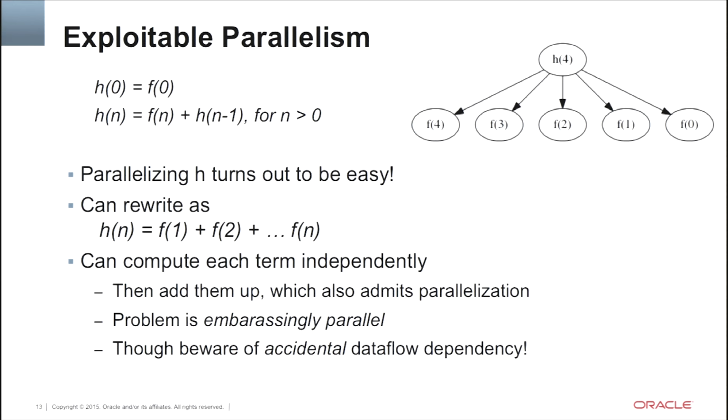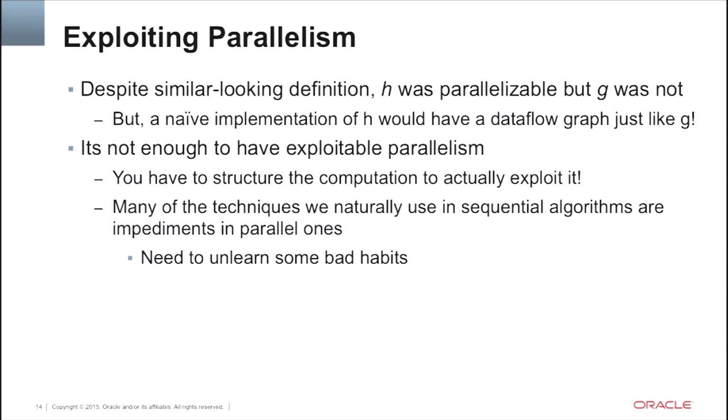Okay, so I need to have exploitable parallelism, and I need to actually exploit that parallelism. I need to have an implementation that actually takes advantage of the parallelism, and that doesn't always come for free. So the little summary here is some problems parallelize better than others. Some problems that parallelize well can still admit naive implementations that don't exploit the parallelism.